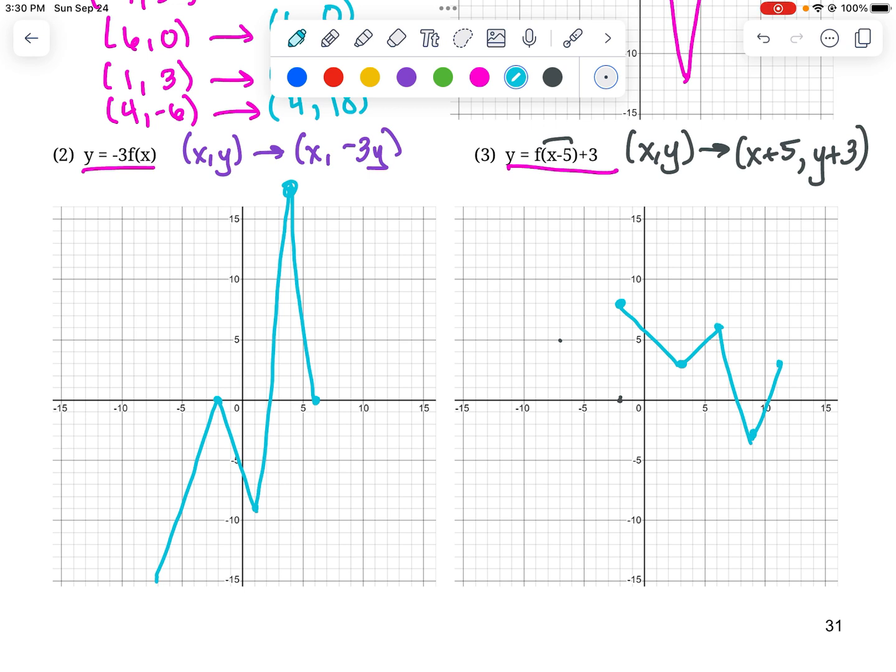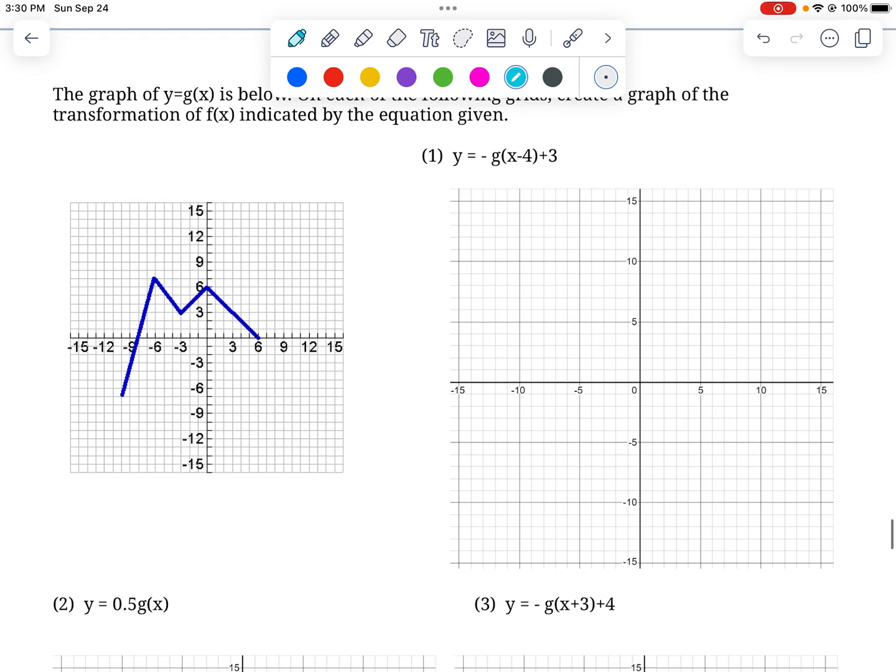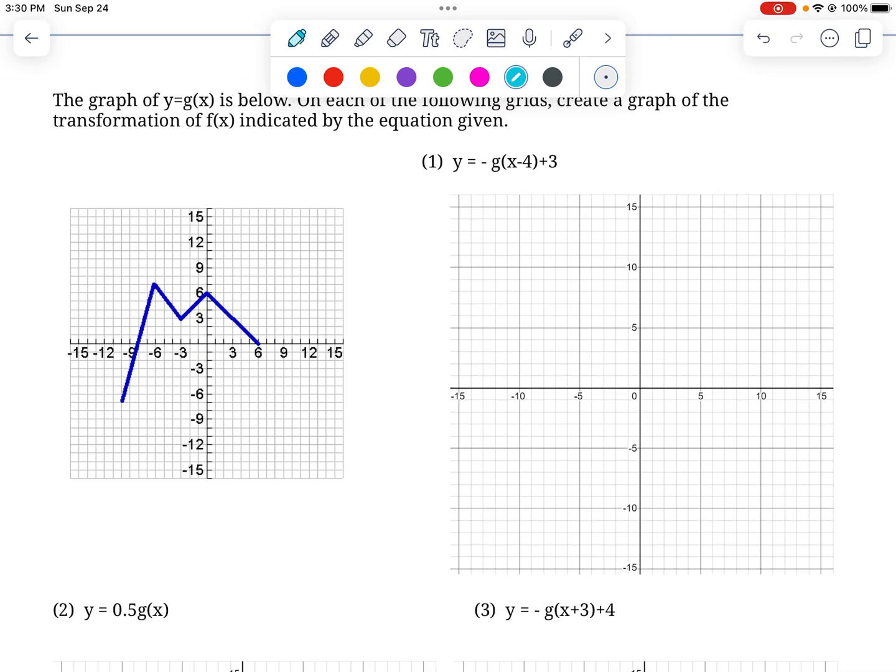Okay, now on the next page, we have a different parent graph. This parent graph is similar in that it is also a doodle graph, and we want to identify the key points. So the key points look to be at -10, -7, -6, +7, -3, 3.